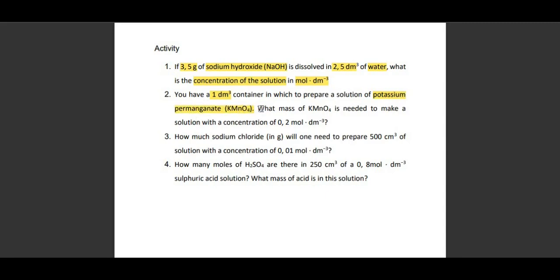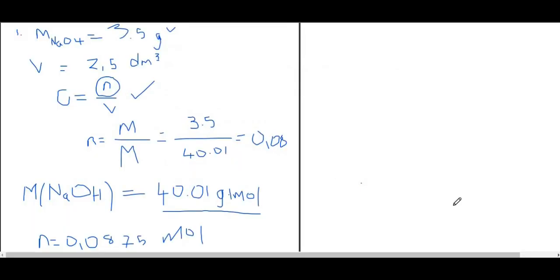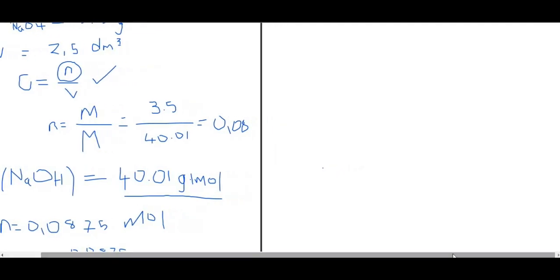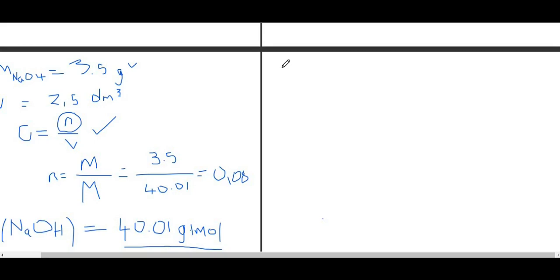Now they're asking what mass of potassium permanganate is needed to make a solution with a concentration of 0.2 mole per cubic decimeters. So again, we need to find the mass, which is small letter m.